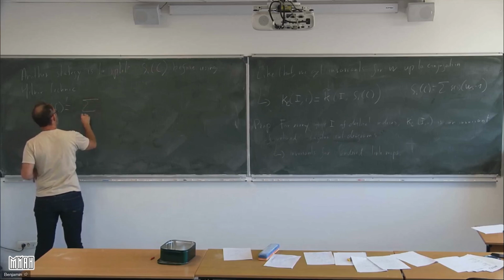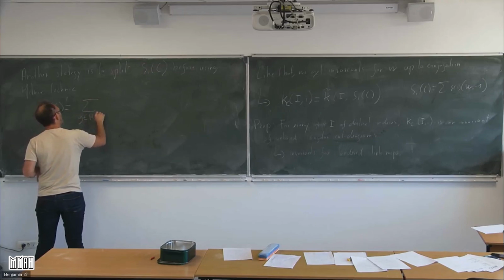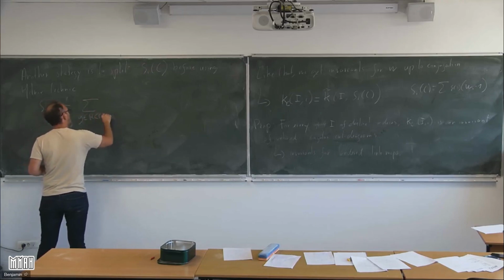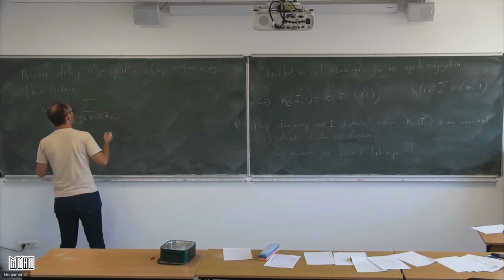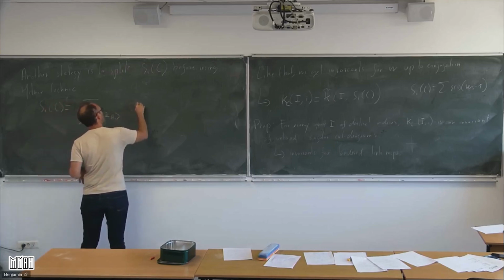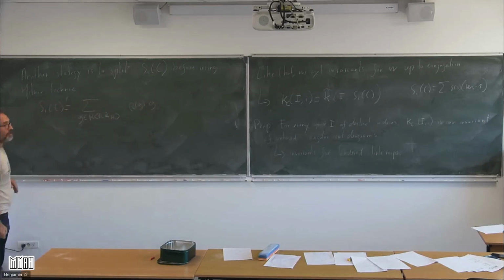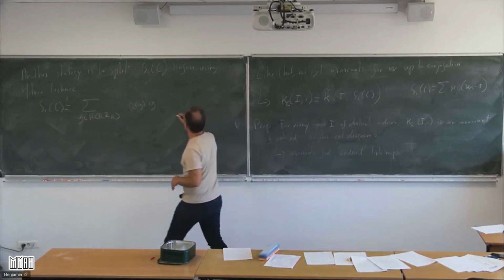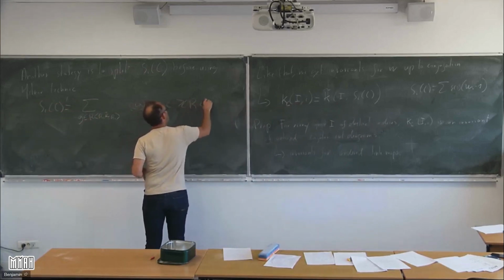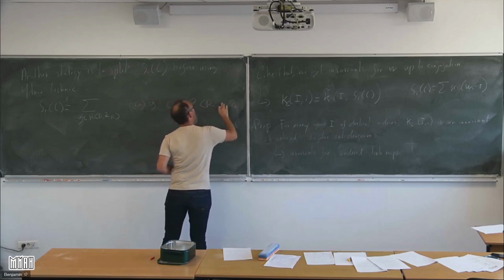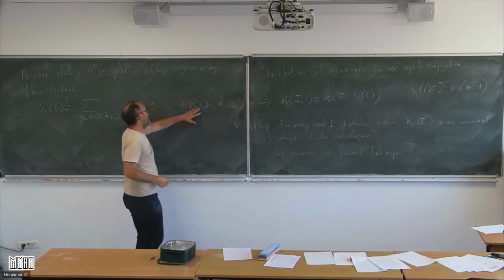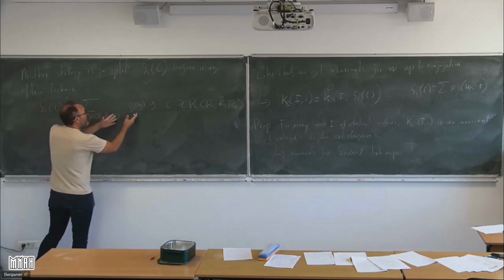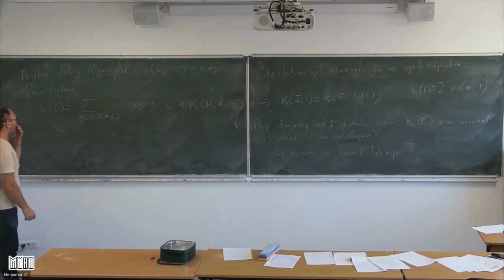So this is a sum of elements of this with some coefficient. Every element of this, by definition, I can describe in a unique way like this.